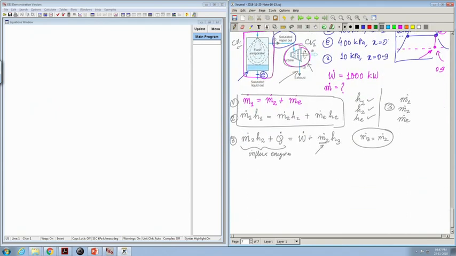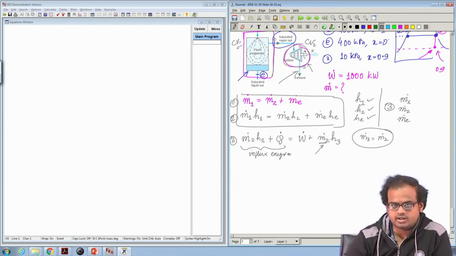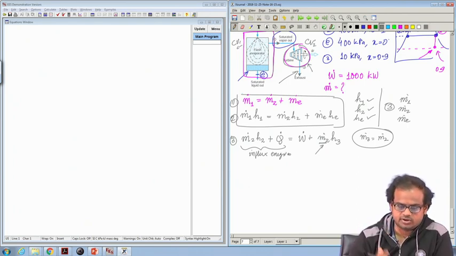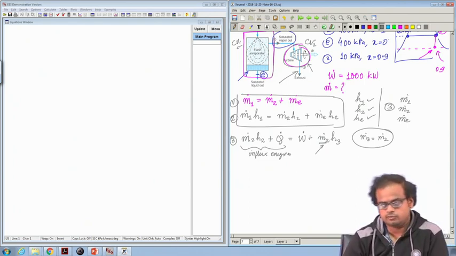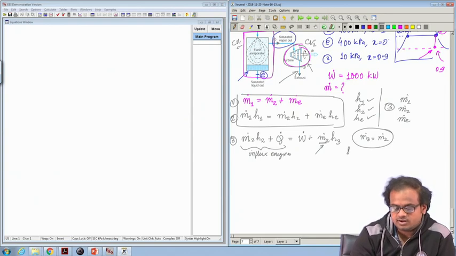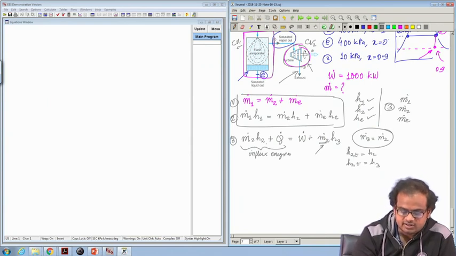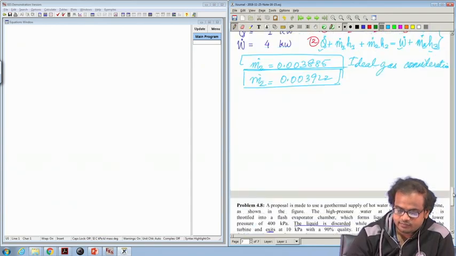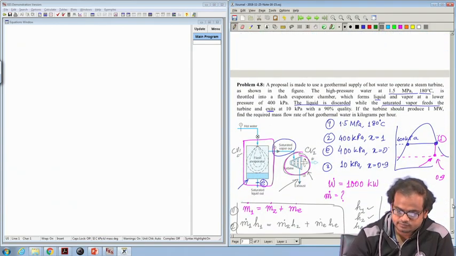Now a turbine, unless specified, is considered to be an adiabatic object. The process is so fast, there is not enough time for heat to be transferred. So then, and also implicit in this is that H2 total is equal to H2 and H3 total is equal to H3. Ideally, these should be total quantities, but we can neglect the velocities.